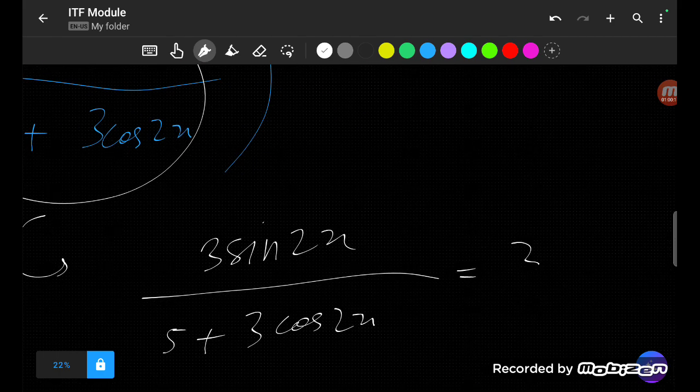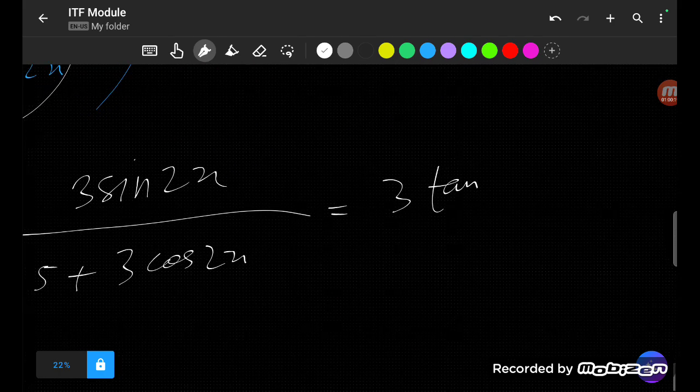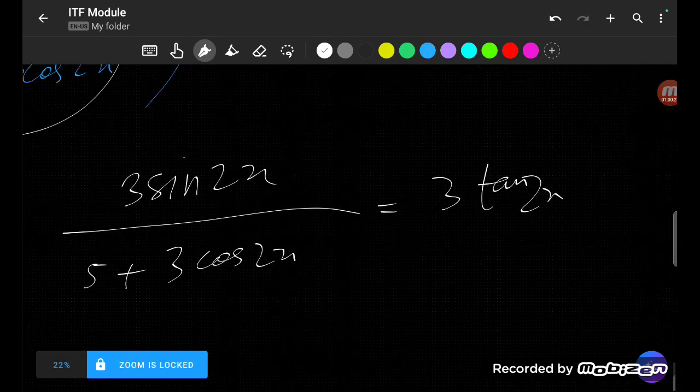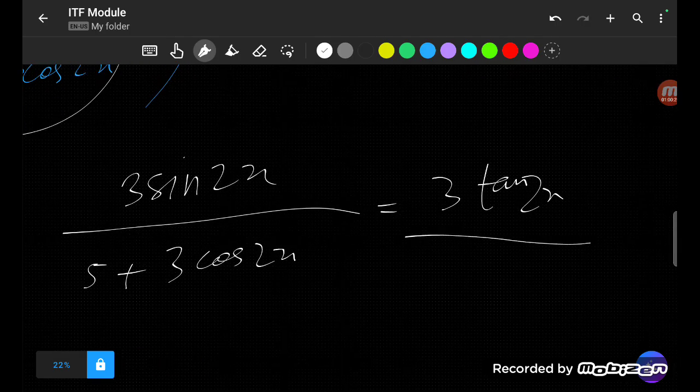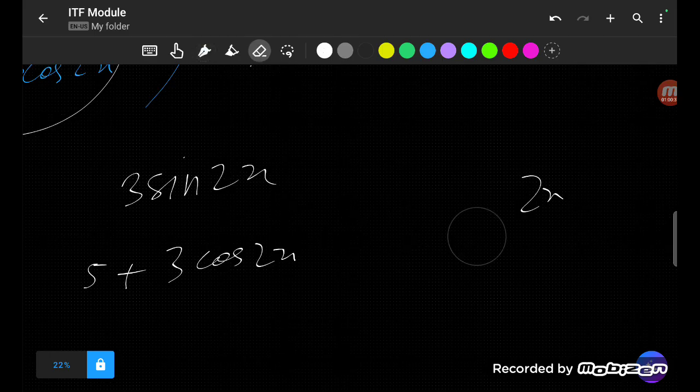3 sin 2x upon 5 plus 3 cos 2x. So this could be 3 tan 2x upon 5 plus, or we have one idea. This is sin 2x, no?